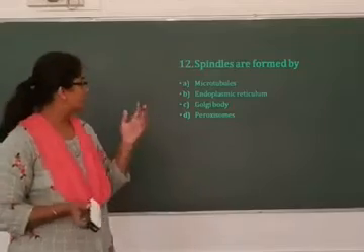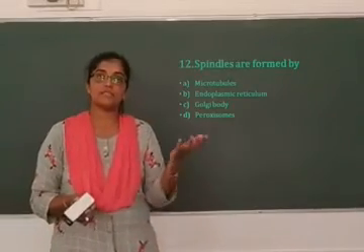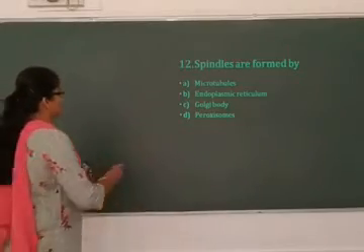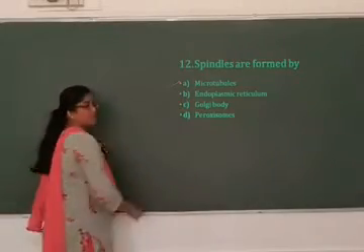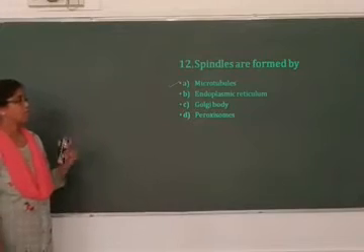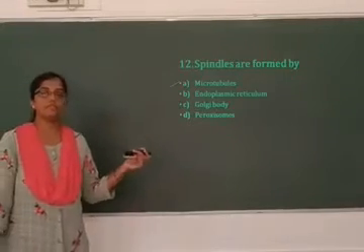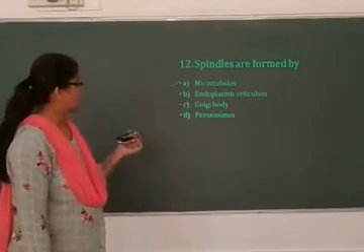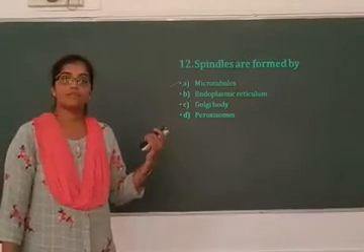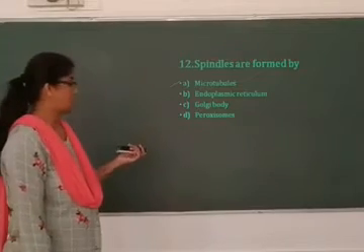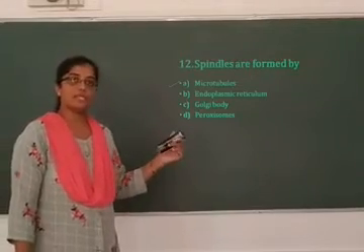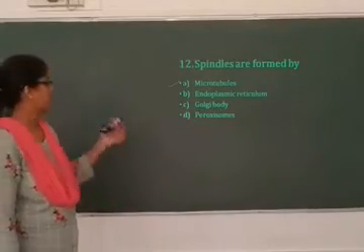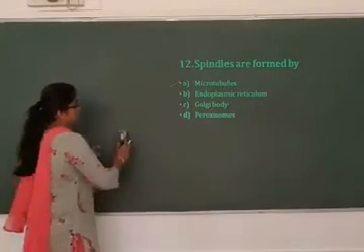Earlier, while discussing the tubulin protein, I discussed that spindle fibers are formed by microtubules. Endoplasmic reticulum is involved in the synthesis of fat and protein, not an option. Golgi complex is involved in the formation of glycoproteins and glycolipids, not an option. Peroxisomes are involved in the process of photorespiration, which is also not an option. The microtubules is the right answer.